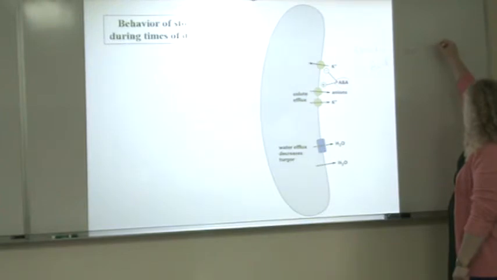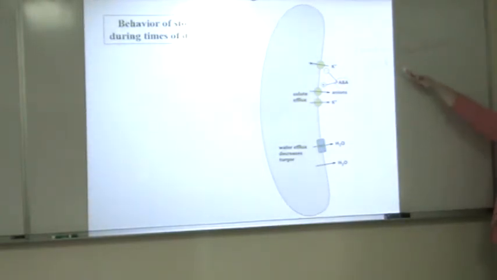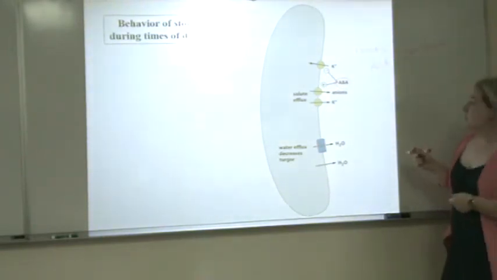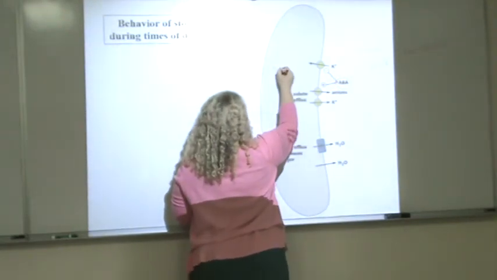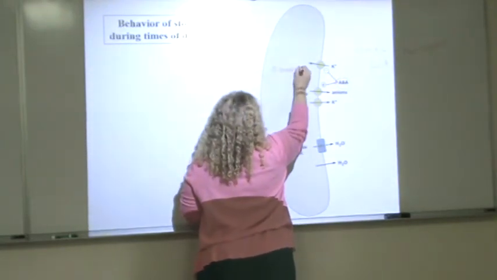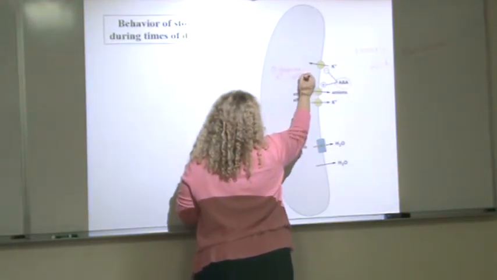It's a plant hormone. And plant hormones individually can have multiple functions. One of the functions of ABA is that it's produced during drought. And when it is produced, it does two different things that relate to stomates. So the first thing that it does is it downregulates potassium influx.